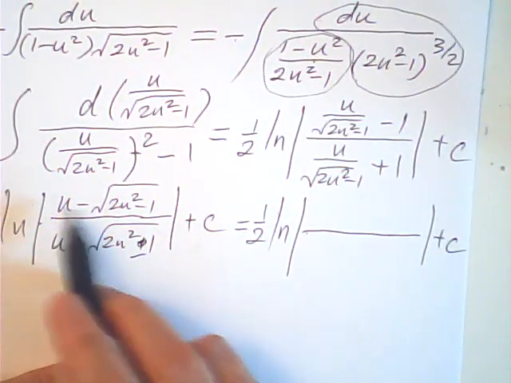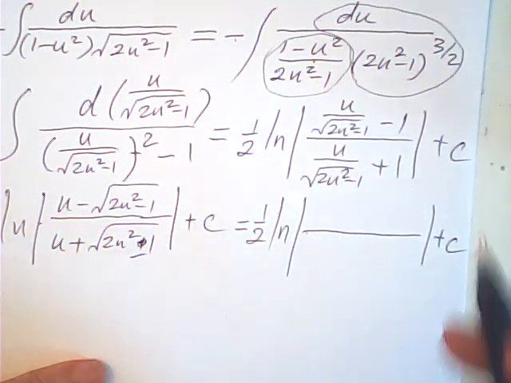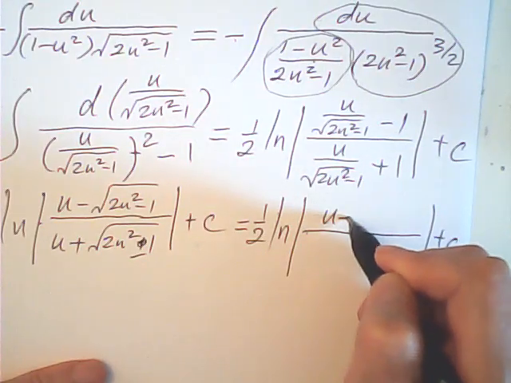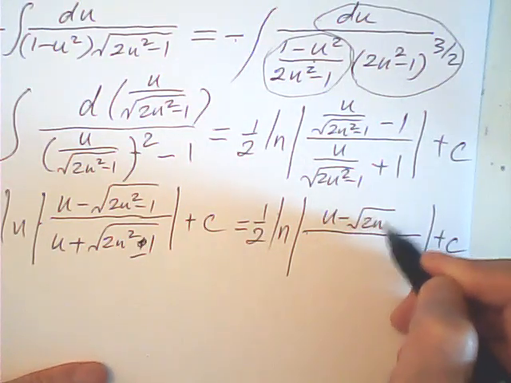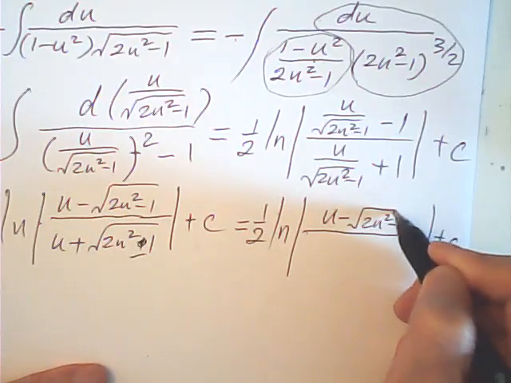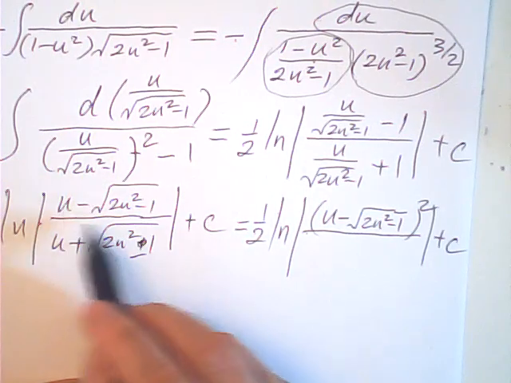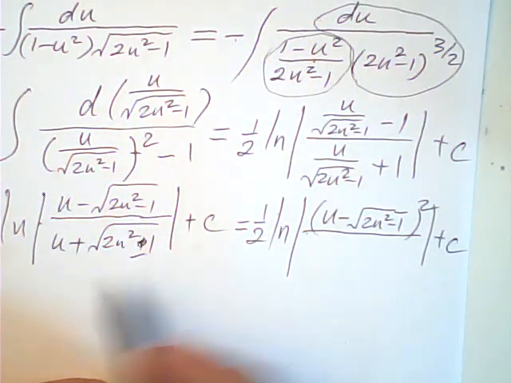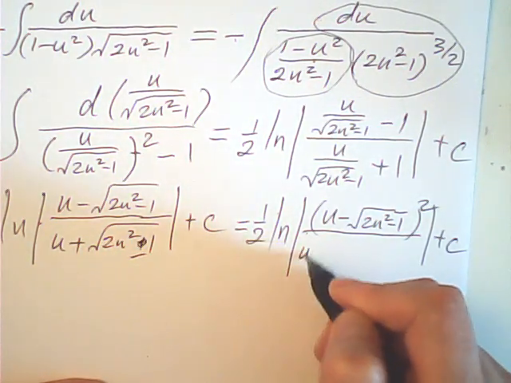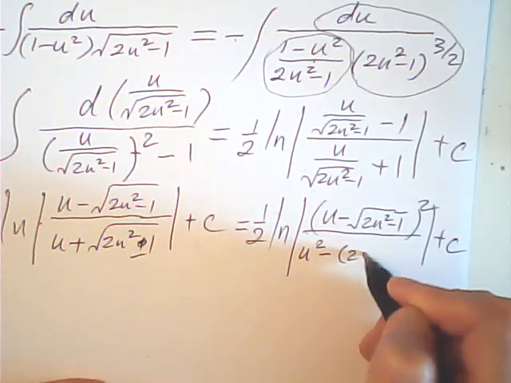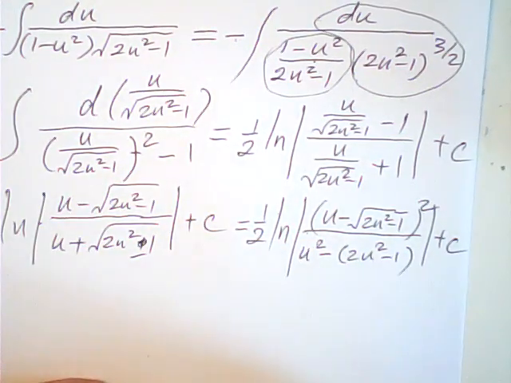I multiply top and bottom by this again. The numerator becomes this squared, and the denominator becomes u squared minus (2u squared minus 1).